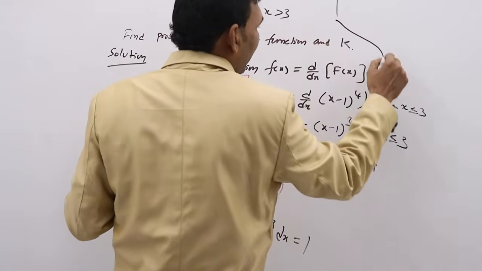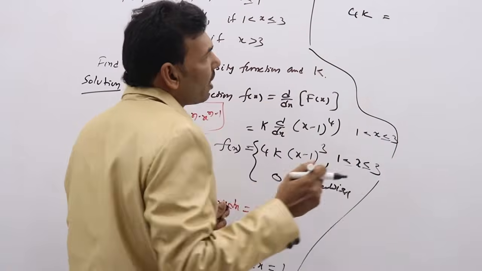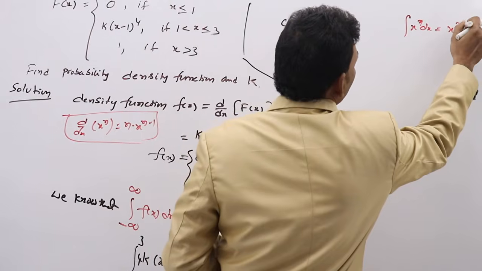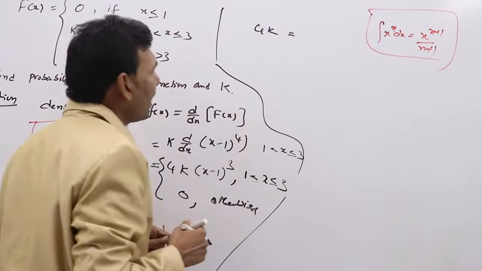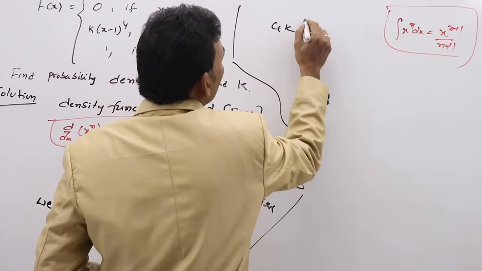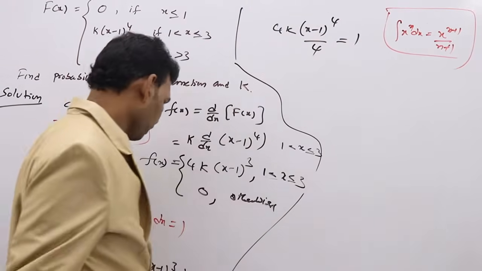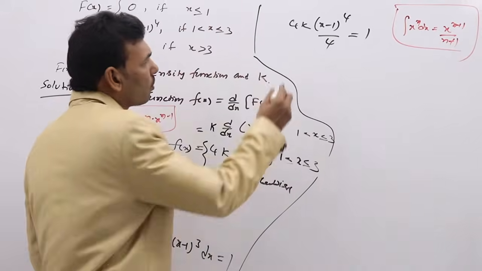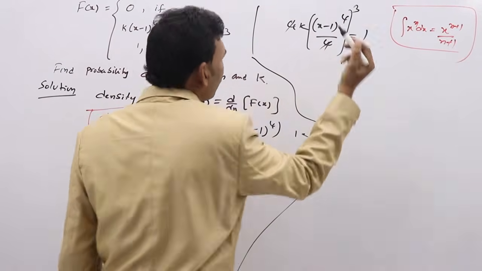So 4k is a constant. Using the formula that the integral of x power n is x power n plus 1 by n plus 1, the integral of (x minus 1) whole cube is (x minus 1) whole to the power 4 by 4. The 4 cancels. Limits 1 to 3.